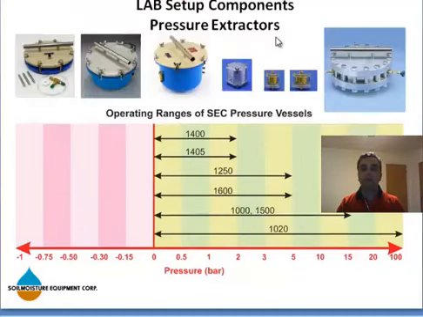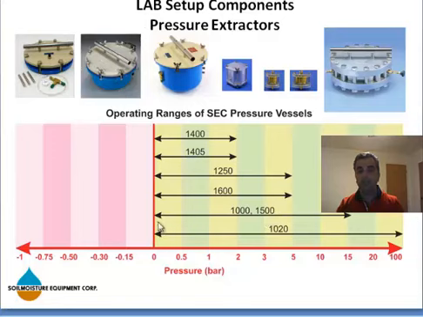The next part of the presentation is going over our pressure extractors. I have collected all the extractors that we have available here for you, with the range of application. Let me start from left to right. Extractor 1000, and this guy is 1500.